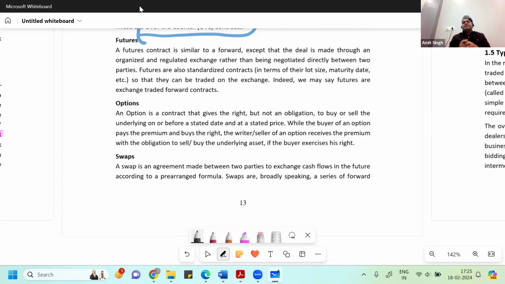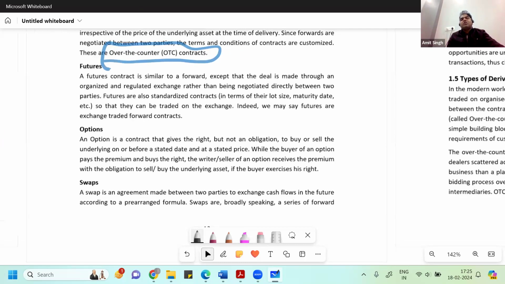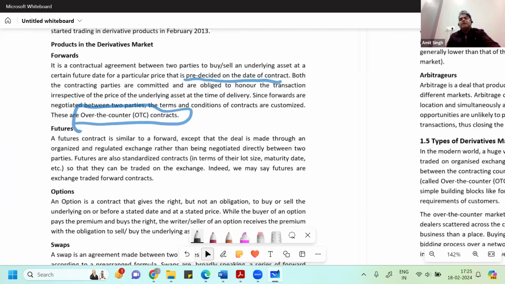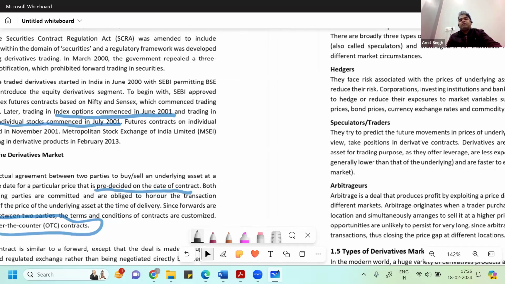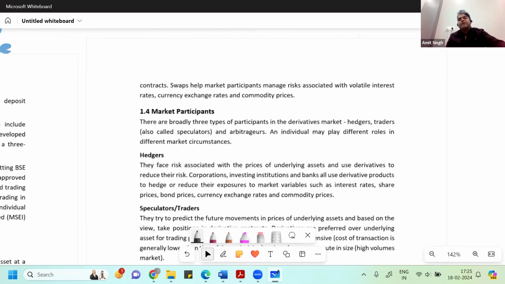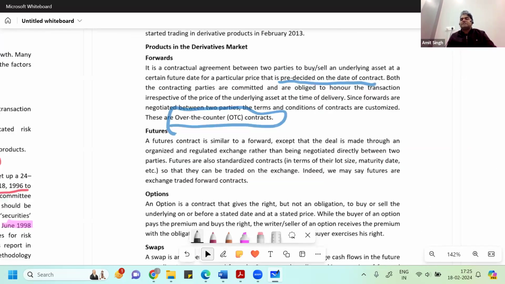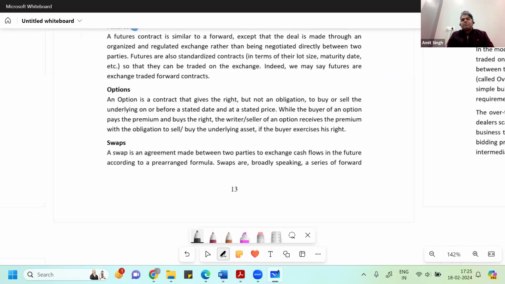So basically, a swap is a series of forward contracts traded between the two parties after every regular interval of time till the expiry. If I read the definition, a swap is an agreement made between two parties to exchange cash flows in the future according to a pre-arranged formula.